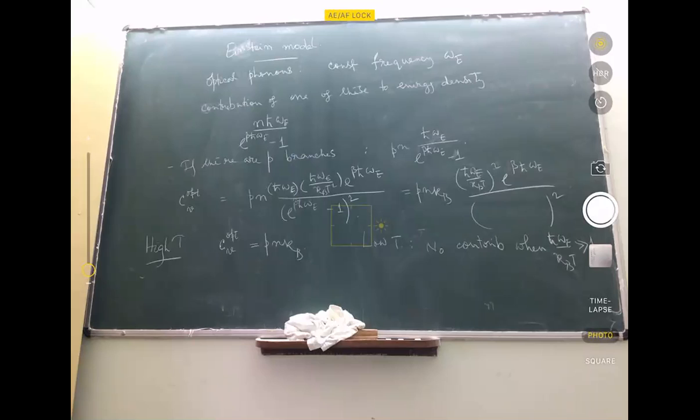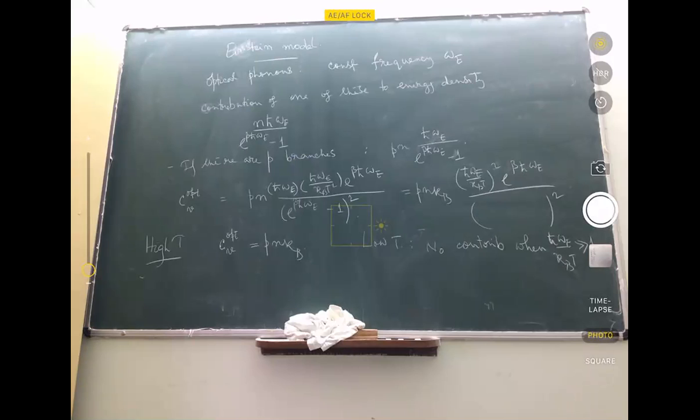And we just looked at the two limits of that expression on the board. In the high temperature limit, you get the classical result. And in the low temperature limit, their contributions are exponentially small. Not surprising because they have non-zero energies at every K. So at very low temperatures, they are not really excited. So they have no contributions.